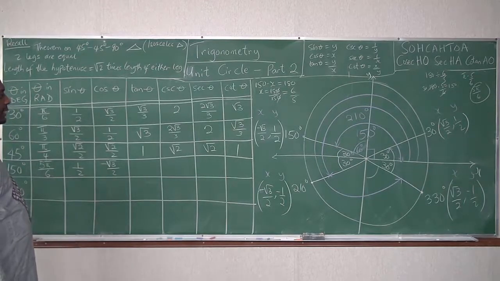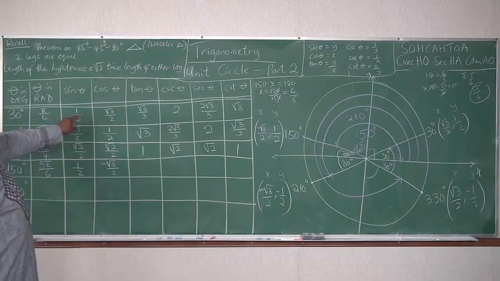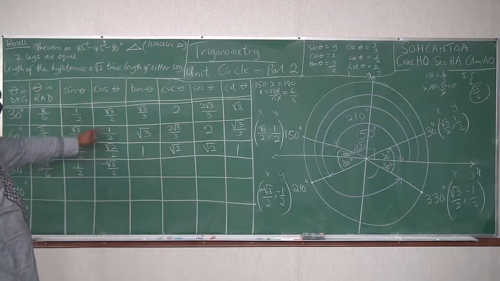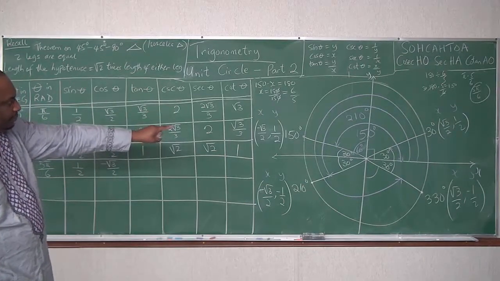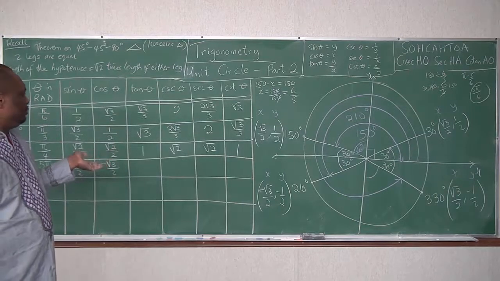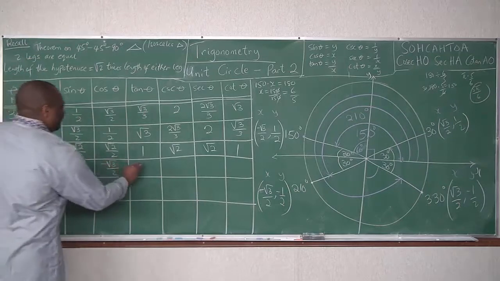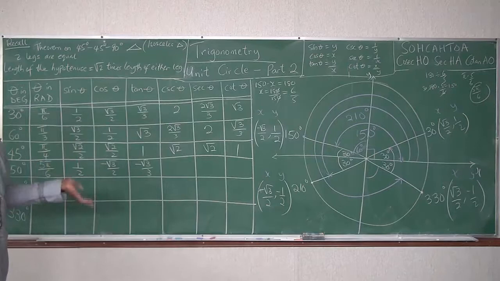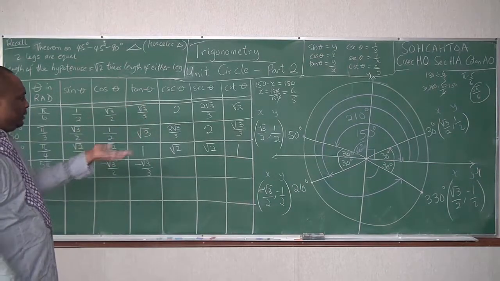Tan 150 is y over x. You see, 30 and 150 are almost the same thing. If you do 1 over 2 divided by negative root 3 over 2, you just have negative root 3 over 3. So you don't waste time trying to do it again. Cosec 150 is 1 over y, which is 2.